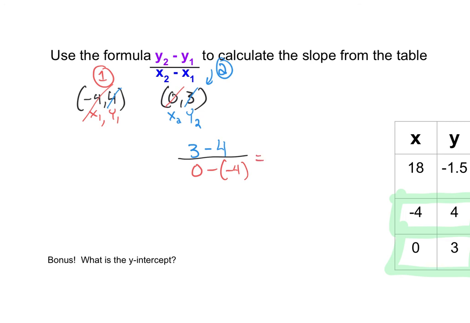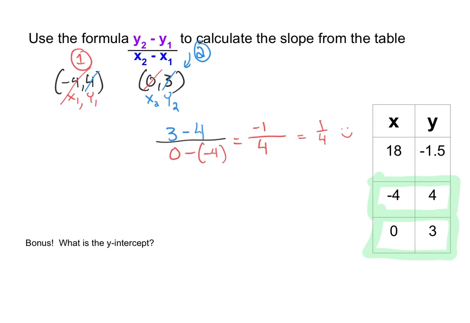So this is going to give me this nice and tidy. Won't even have to do any simplifying because 3 minus 4 got a -1. 0 minus -4 is a +4. So my slope is 1/4.